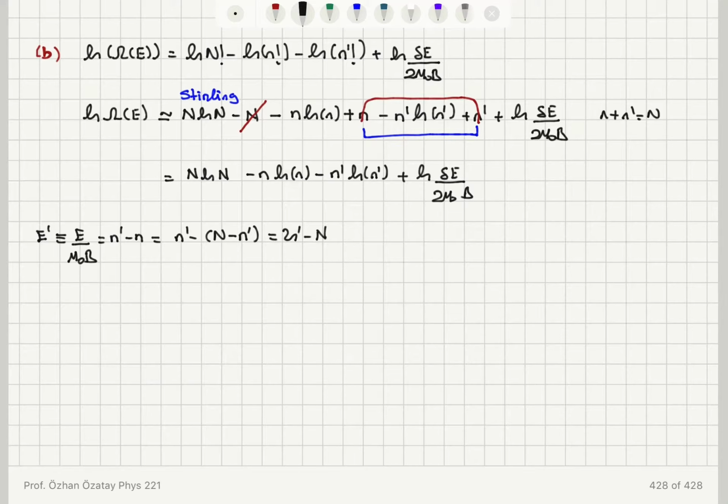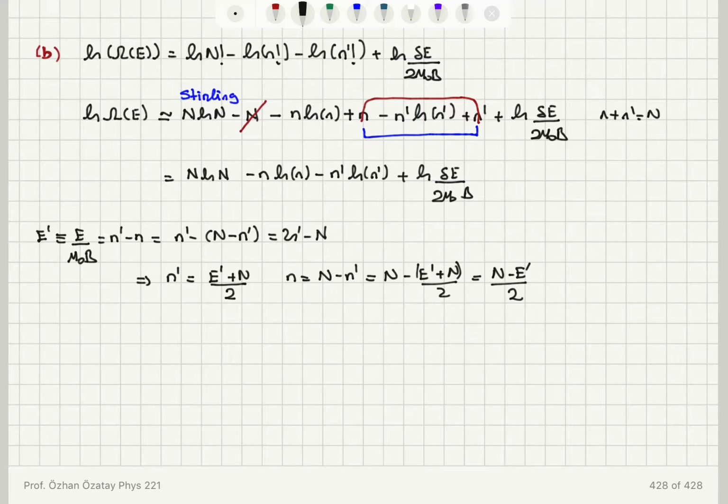So we can write it this way. So basically, for n prime, I can use E prime plus capital N over 2, and for n, which is capital N minus n prime, I can use capital N minus E prime plus capital N over 2, which becomes N minus E prime over 2.